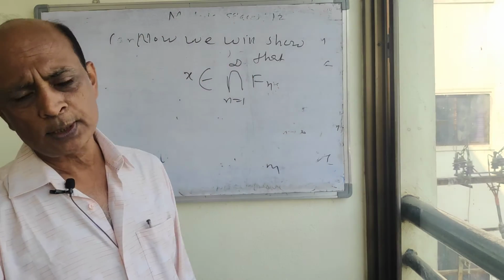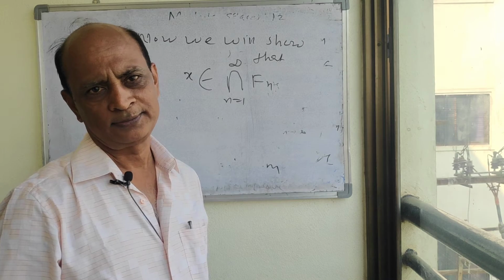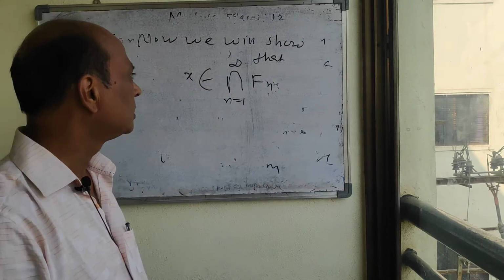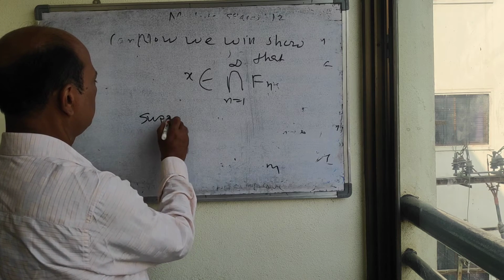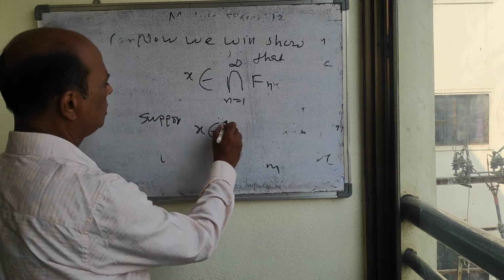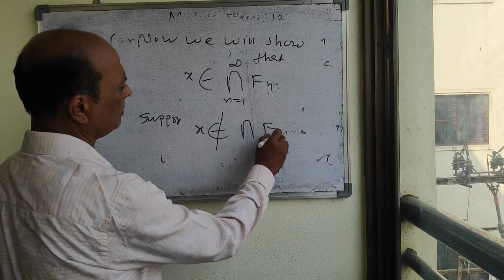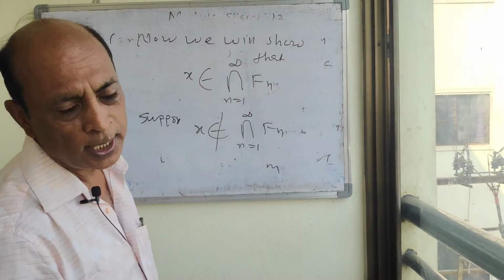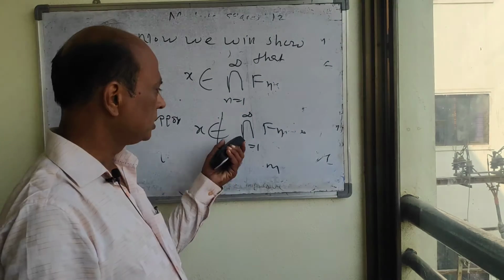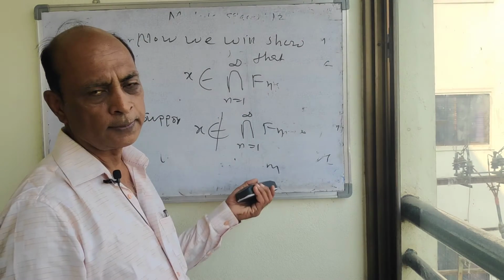And we will prove this by the method of contradiction. So for that purpose, suppose x does not belong to this intersection of Fn, n from 1 to infinity.